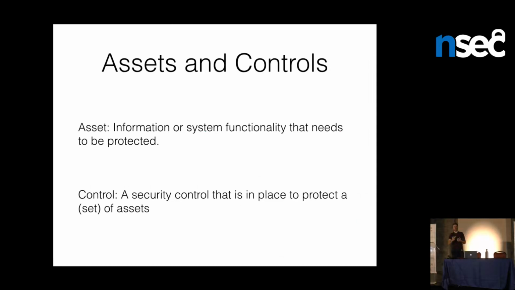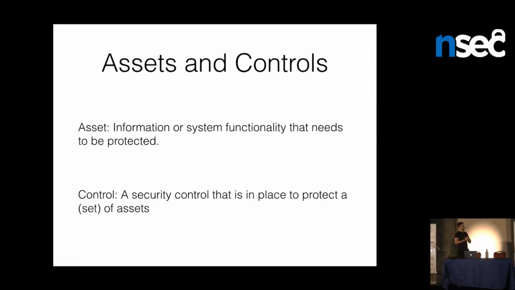It can also be a set of sensitive functionality that we need to protect. Consider Amazon's AWS. They have internal APIs that they can use to do EC2 instance memory snapshots, for instance. That's a very guarded API that you want to make sure somebody on the internet doesn't have access to. So asset: something we need to protect.